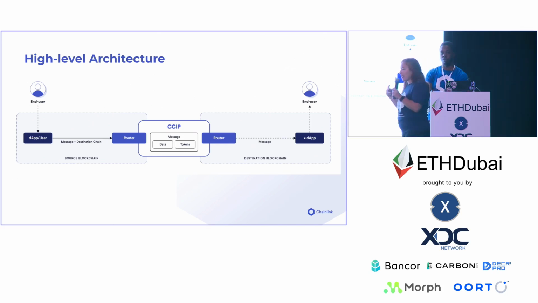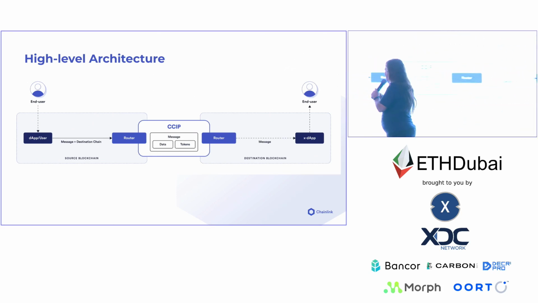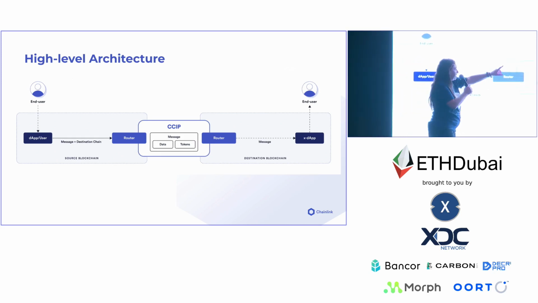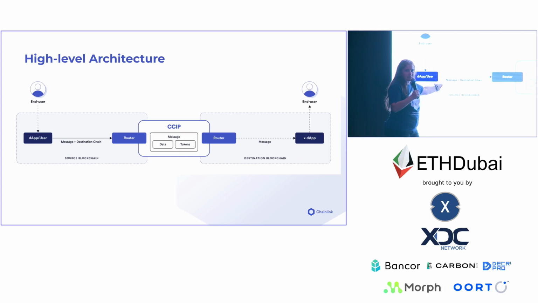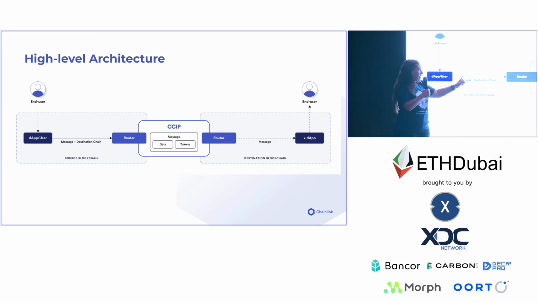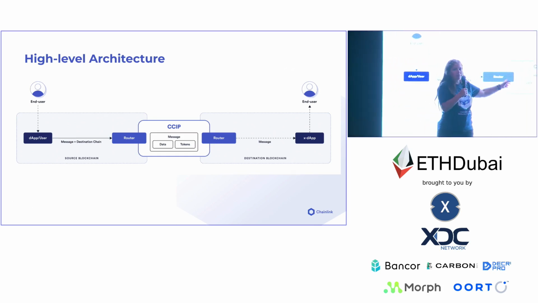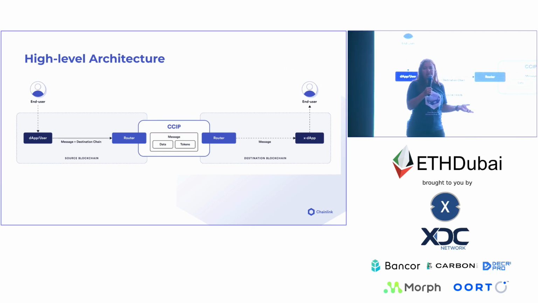And to have a high-level idea of what this is, we have the CCIP in the middle, but we have a source blockchain and a destination blockchain. In the source blockchain, you have you, interacting with some decentralized application. This application sends some kind of message to the router, and then inside the CCIP part, we have decentralized nodes, in fact 3 decentralized oracle networks, we say DONs, 3 different DONs that take care of this.